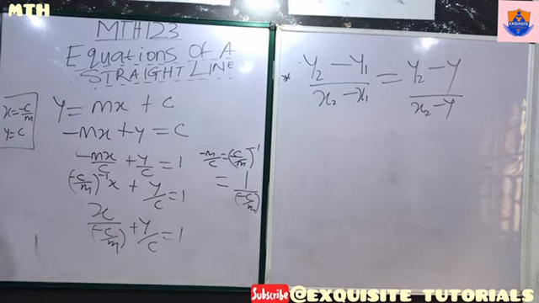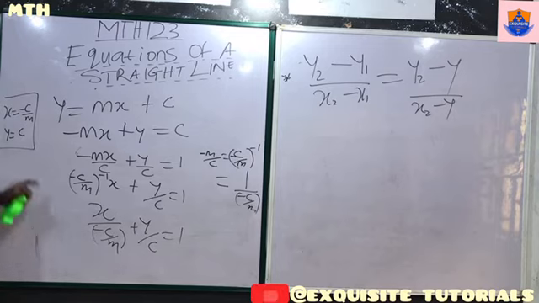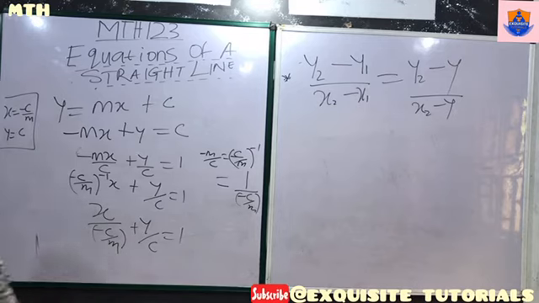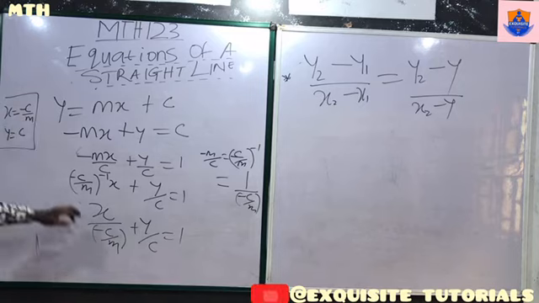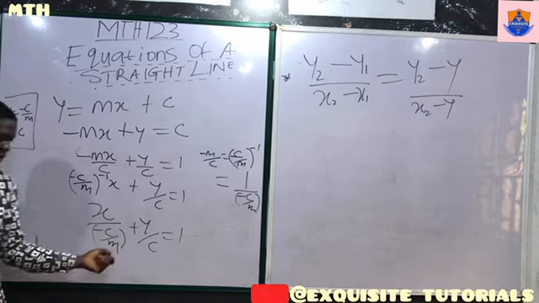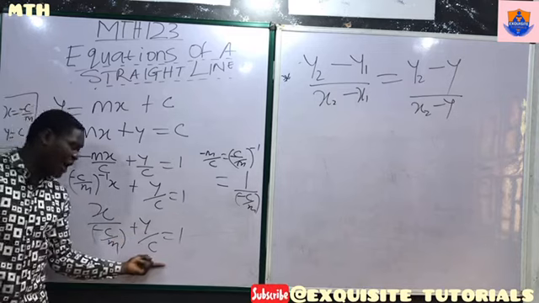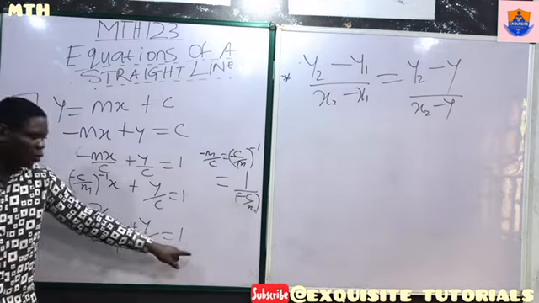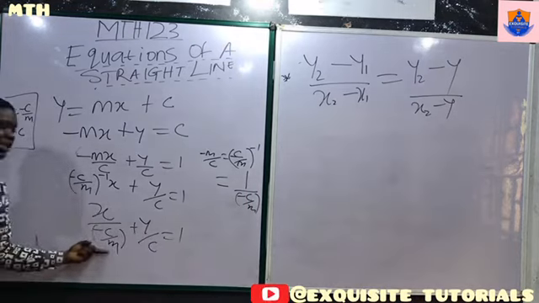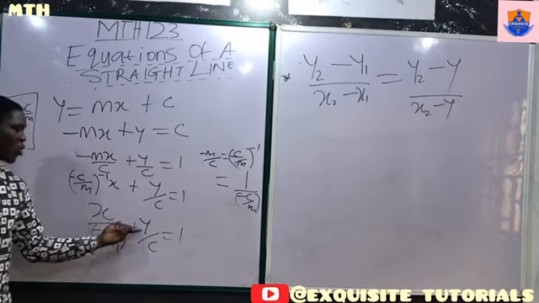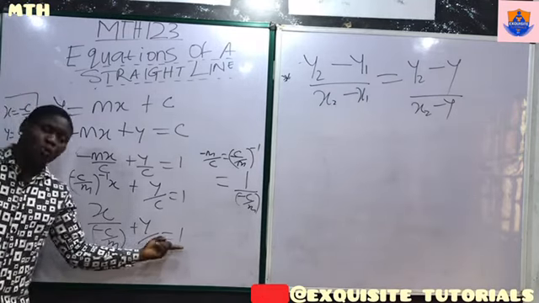Now, do you remember that minus c over m is the intercept on the x-axis and c is the intercept on the y-axis? To get the equation of a straight line when you know the intercept on the x-axis and the intercept on the y-axis, x over intercept on x-axis plus y over intercept on y-axis will always give you 1.